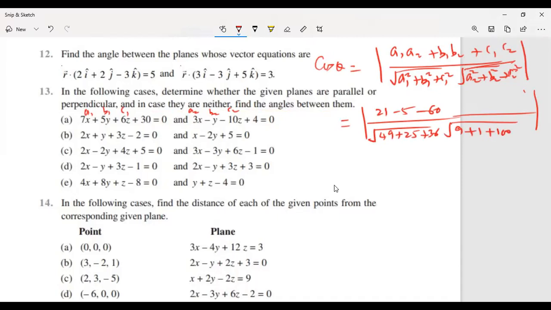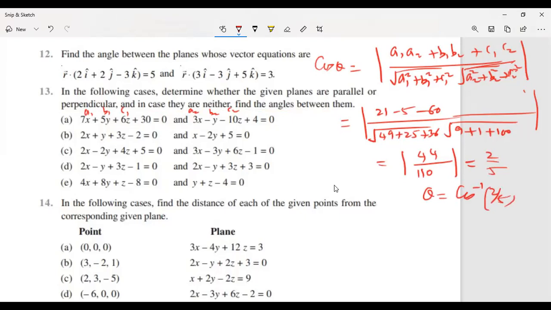To solve it, ultimately you will have 44 by 110, and you can solve it, get 2 by 5. So theta is equal to cos inverse 2 by 5.